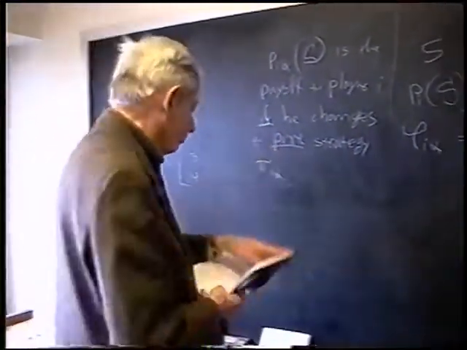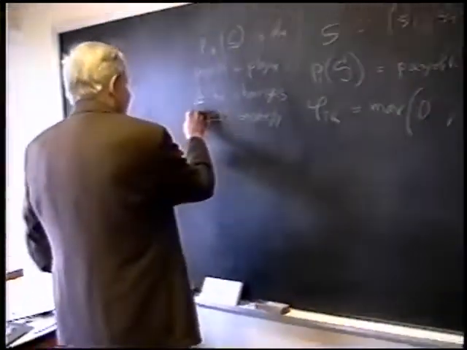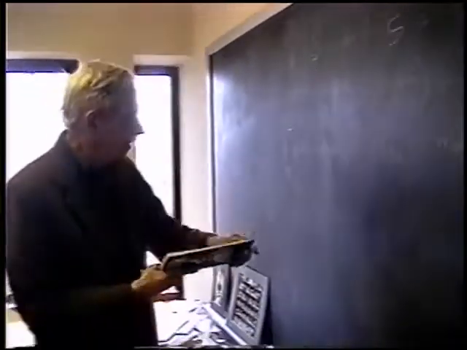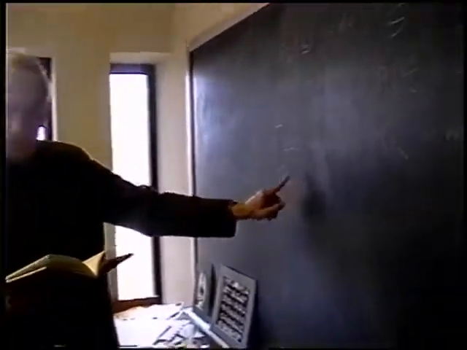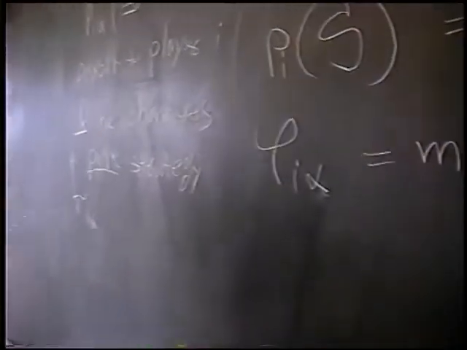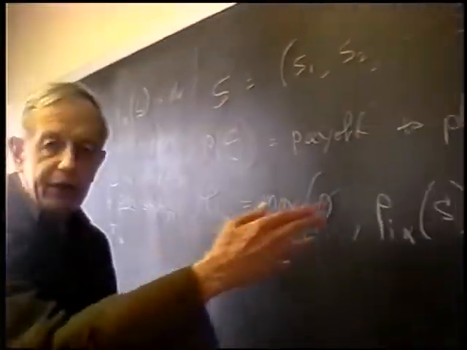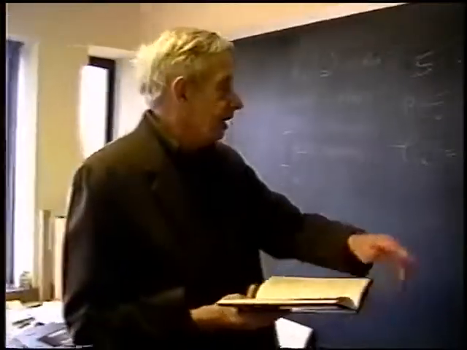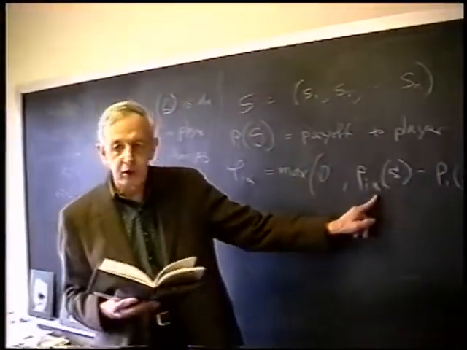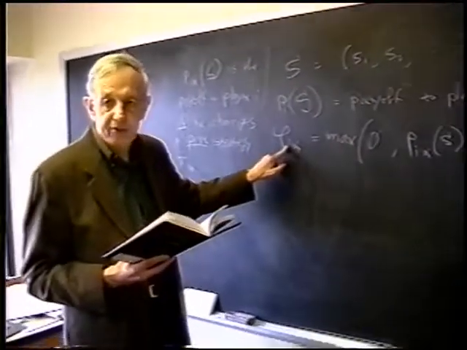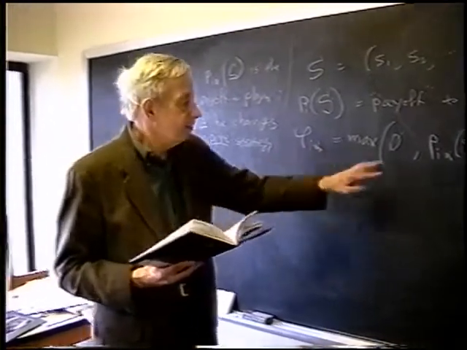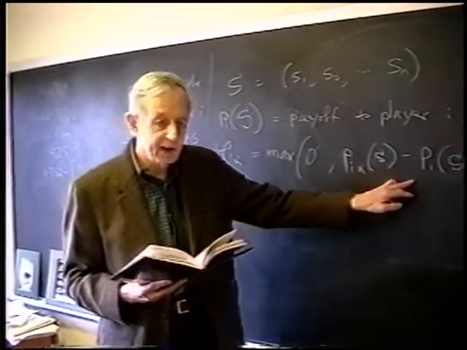Now, if he changes to this particular pure strategy, his alpha pure strategy, then it might be that he will do better if he could change that way. Right. But now this thing says that if he does worse, this thing will be simply 0. It's not going to take note of that except as 0. But if he does better, it's going to take note of that.